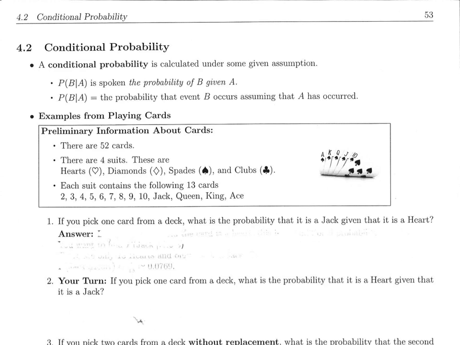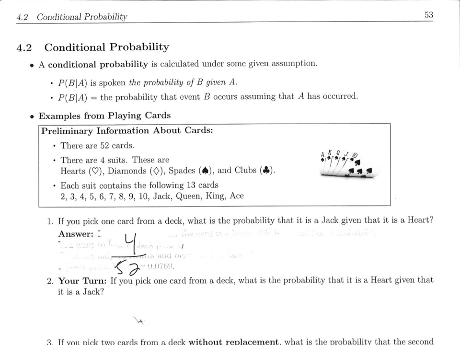So now conditional probabilities can be hard. I mean, you certainly look at that notation, and it looks awfully confusing, but it isn't that bad, especially if we think about it from a relative frequency situation. Here we're actually going to do the theoretical, the classical, because we know the outcomes. We pick one card from a deck. What's the probability that it is a jack, given that it is a heart? Well, some of you are going to say there's 4 jacks out of 52 cards.